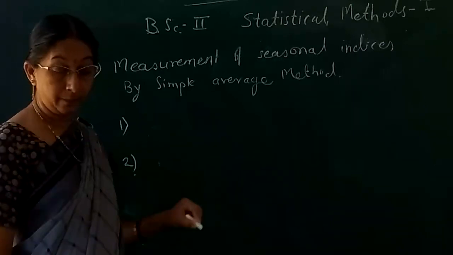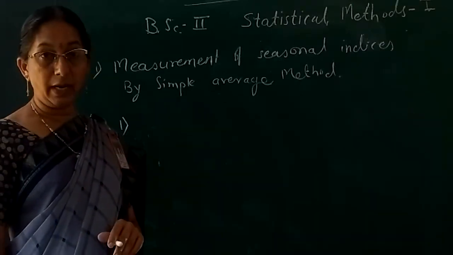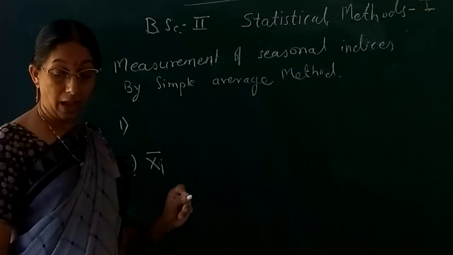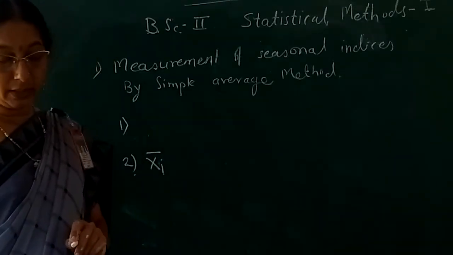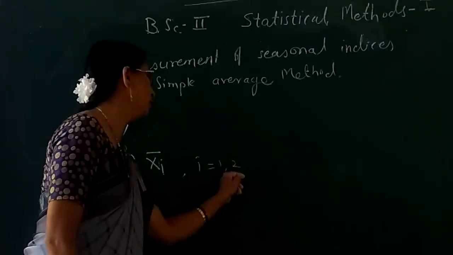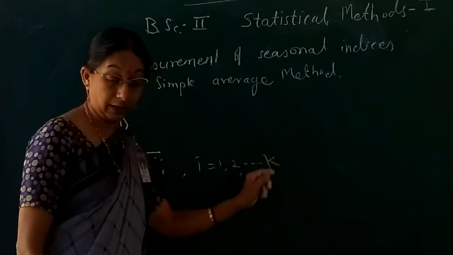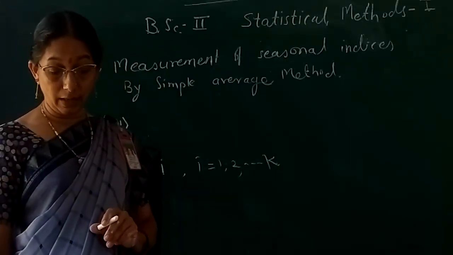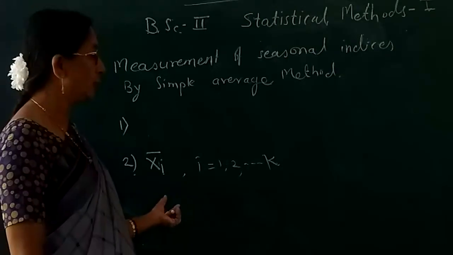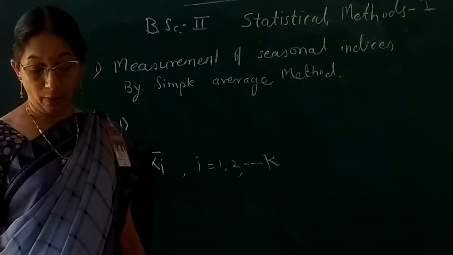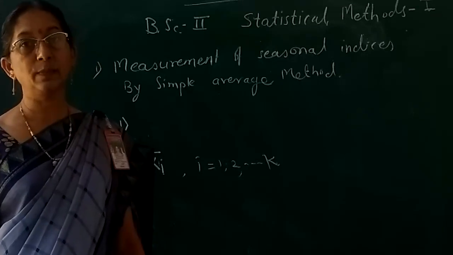Second step, compute average Xi bar for all the seasons such that i goes from 1, 2 and so on to K. For example, if seasons are months, then X1 bar, X2 bar, up to X12 bar are the averages for various months respectively.